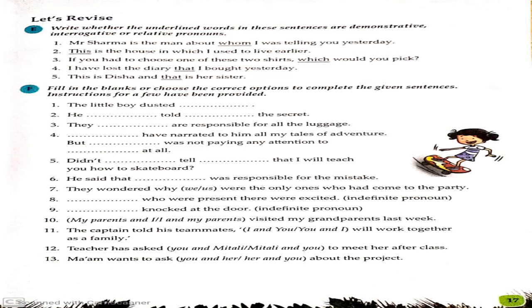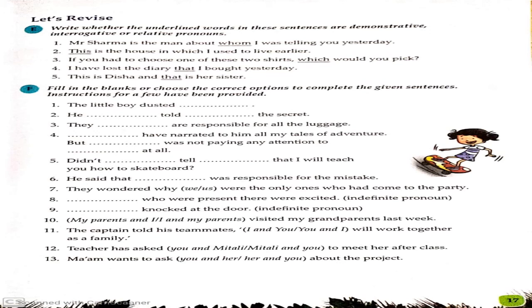Okay. Next, I have lost the diary that I bought yesterday. I have lost the diary is a sentence. That I bought yesterday is also another sentence. So here you can see they are trying to join two sentences. So that is again a relative pronoun here. Okay.